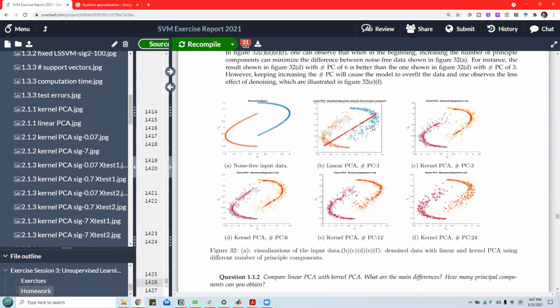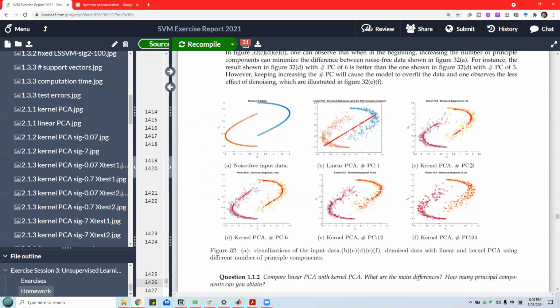The one next to it is the result of linear PCA. You are just getting a line, which is the principal direction of maximum variance. Then you experiment with kernel PCA by changing the number of principal components.